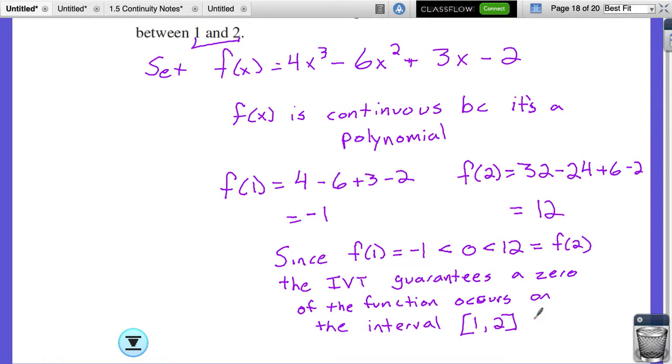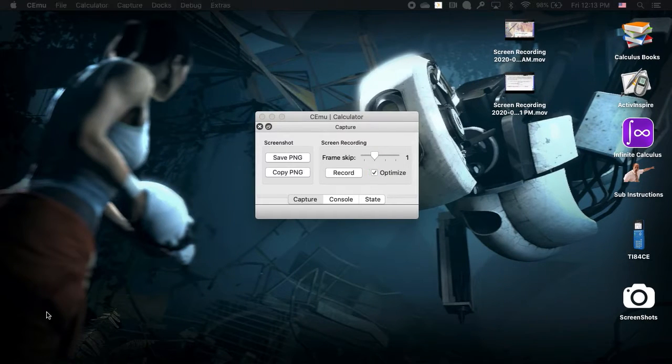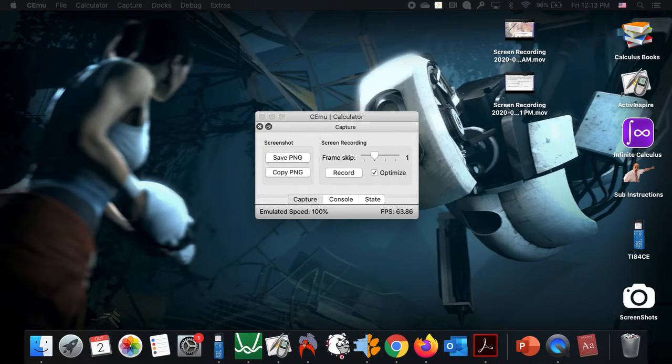Now, this is actually what your calculator does. Has anybody ever found the answer to where a graph crosses the x-axis using your calculator? That's actually what your calculator does.